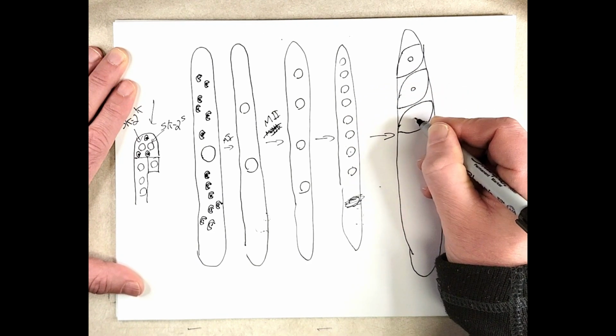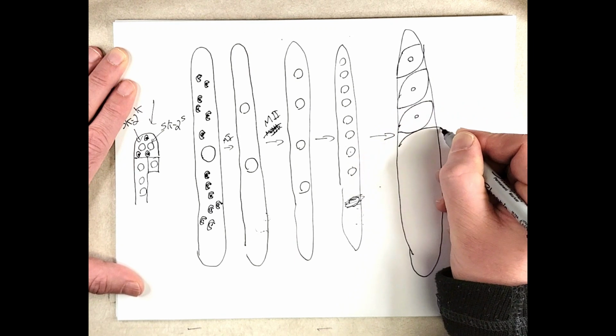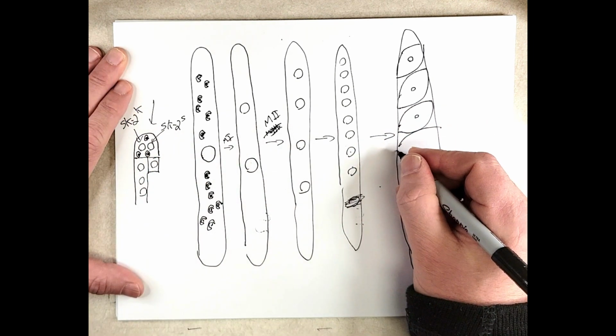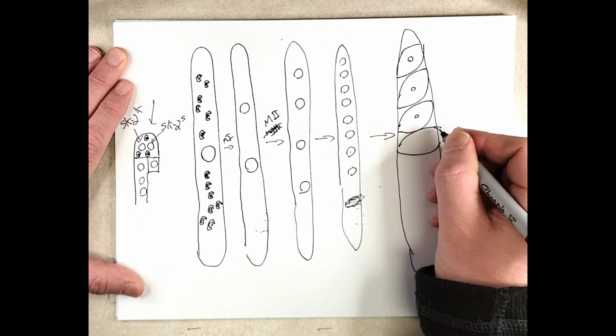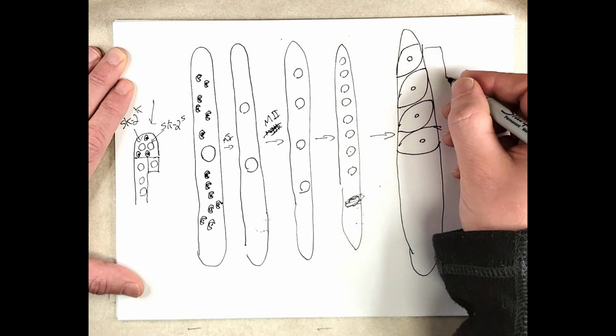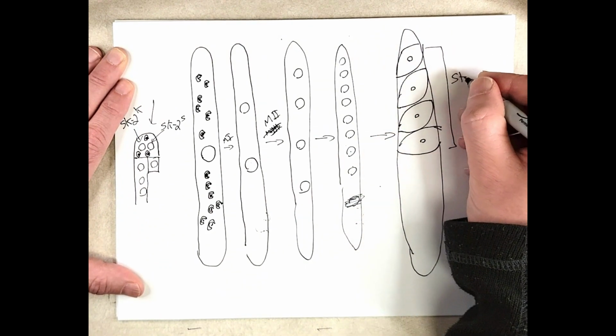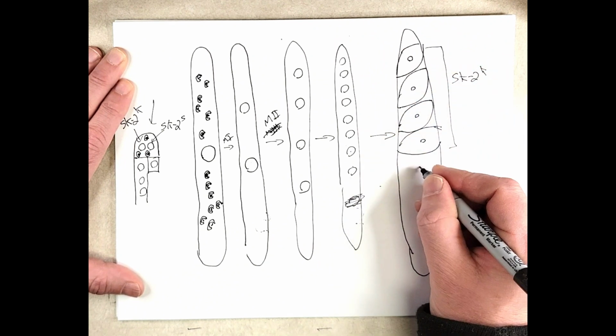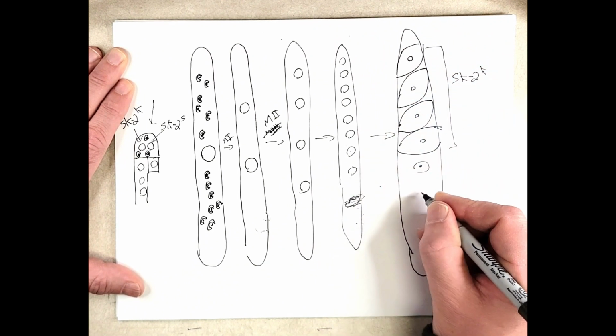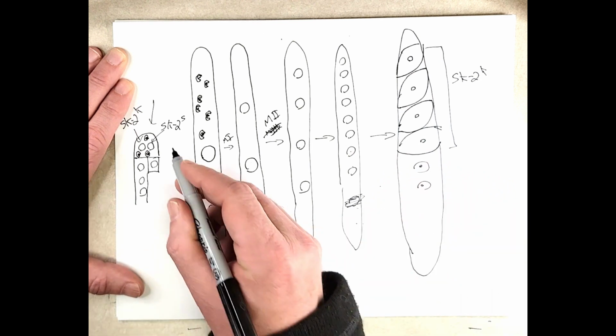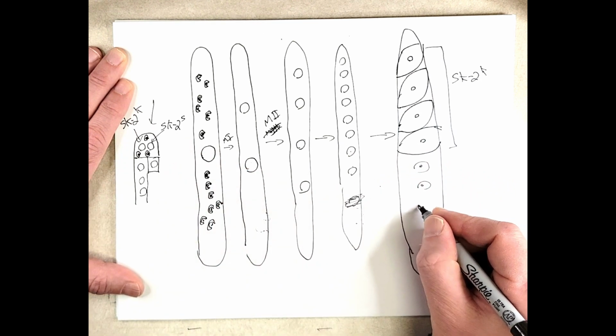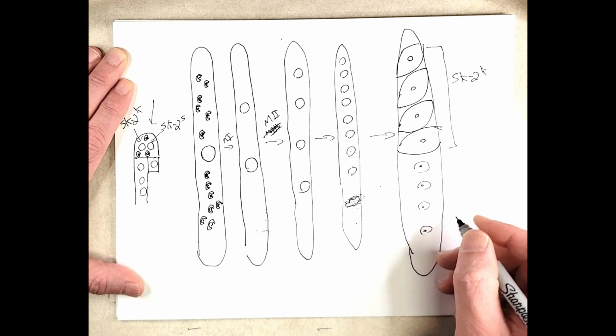Now remember, half of these ascospores are getting the SK2K genes, and those are the survivors, SK2K, and the others are getting the SK2S genes, and they are the ones that die.